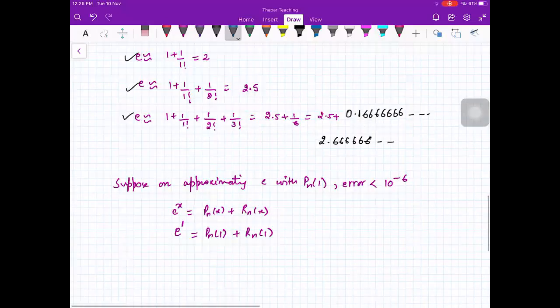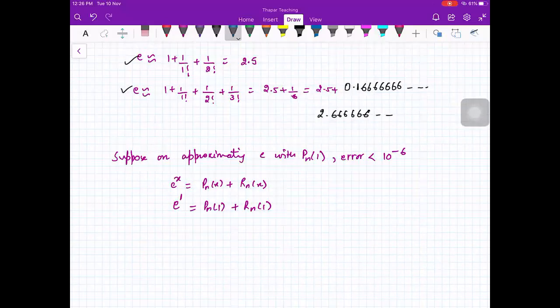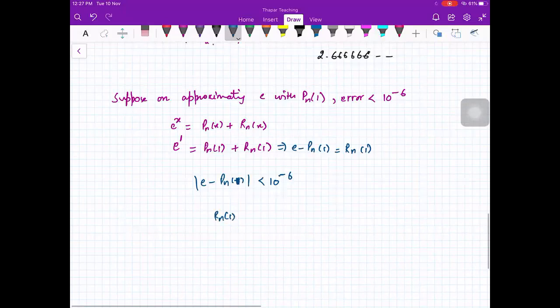Now it means that we don't know what n is. We want to find n. So we want e minus Pn(1), which is actually Rn(1), to be less than 10 to the power minus 6. Now let us look at Rn(1). What is Rn(1)?